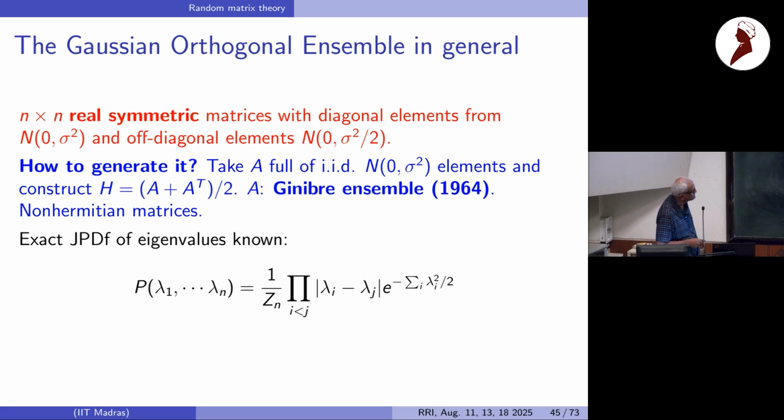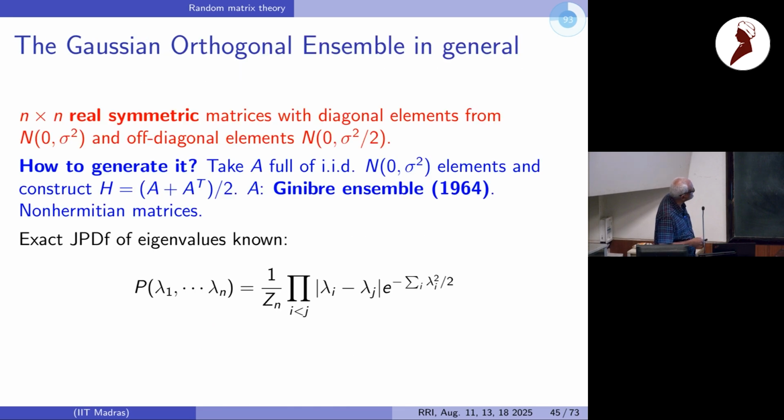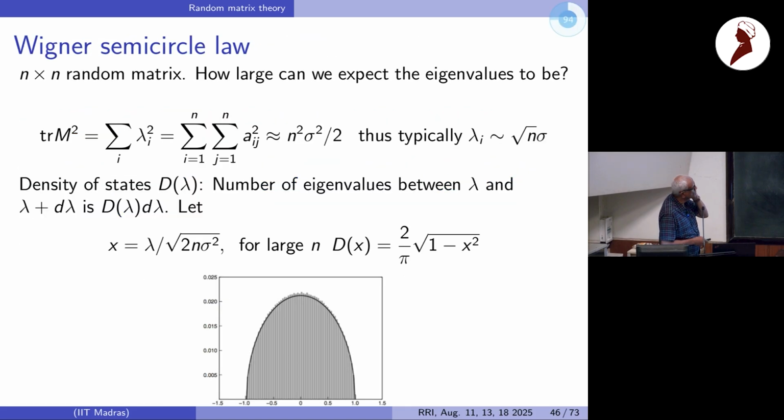Okay, A itself is non-Hermitian, but H is Hermitian. And if you ask how a single eigenvalue is distributed, you can integrate out the others, and you will find the so-called Wigner semicircle law.